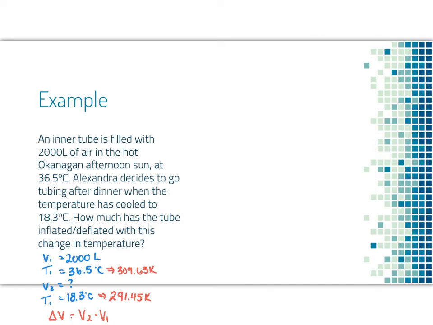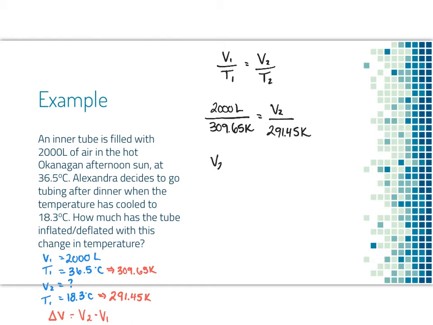Our formula, V1 over T1 equals V2 over T2. Again, I'm not going to rearrange this formula because it's equivalent fractions. It's nice and easy to solve without a rearrangement. 2,000 liters all over 309.65 Kelvin is equal to V2 over 291.45 Kelvin.